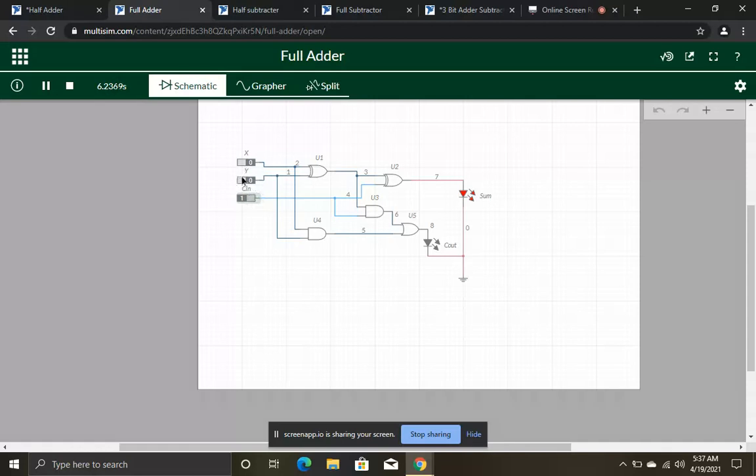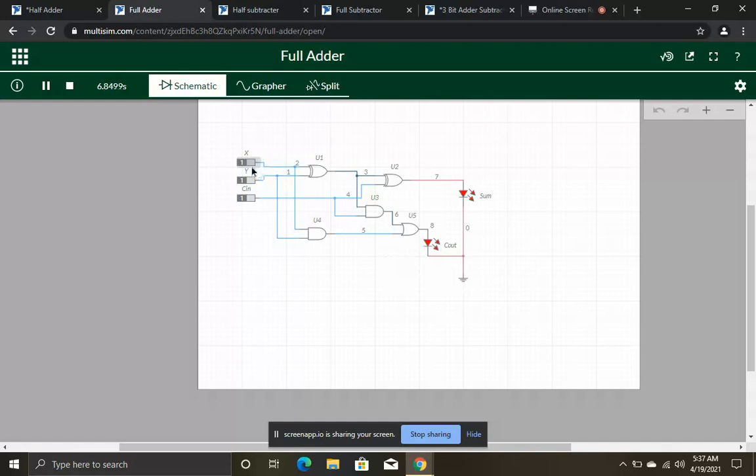If x is 0, y is 1, then the sum will be 0 but the carry out will be 1. In the same way, if x is 1, y is 1, carry in is 1, then the sum will be 1 and the carry out will be 1.